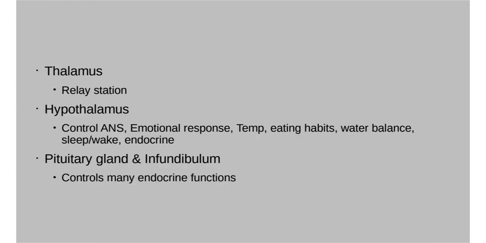The next area I want to talk about is the thalamus. The thalamus is often called the relay station of the brain, and that's because as all of this information is coming into the brain from your spinal cord, there's lots of different locations that it needs to get to depending on exactly what sort of information it is.